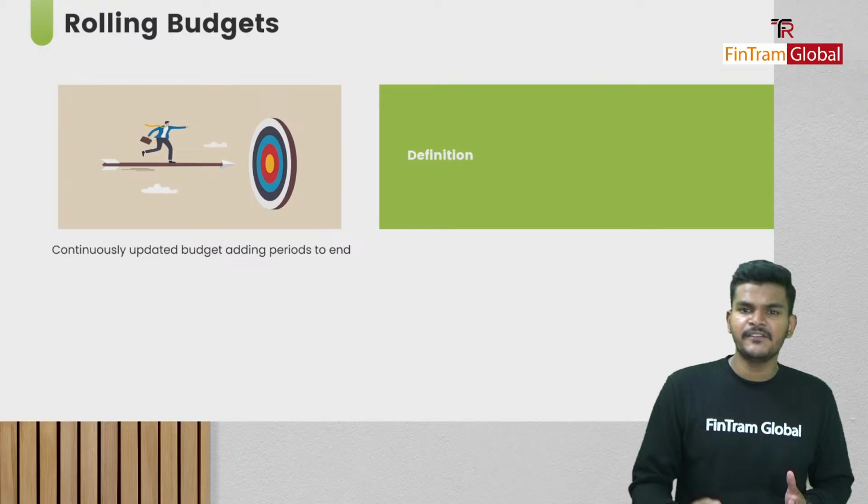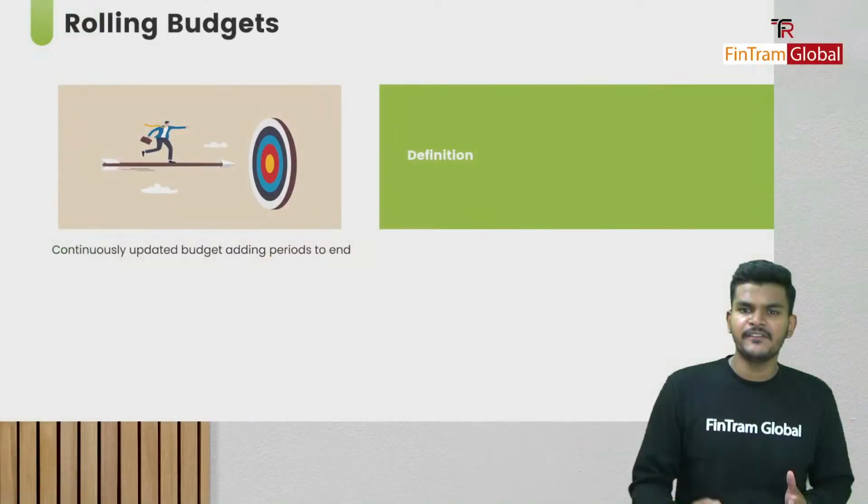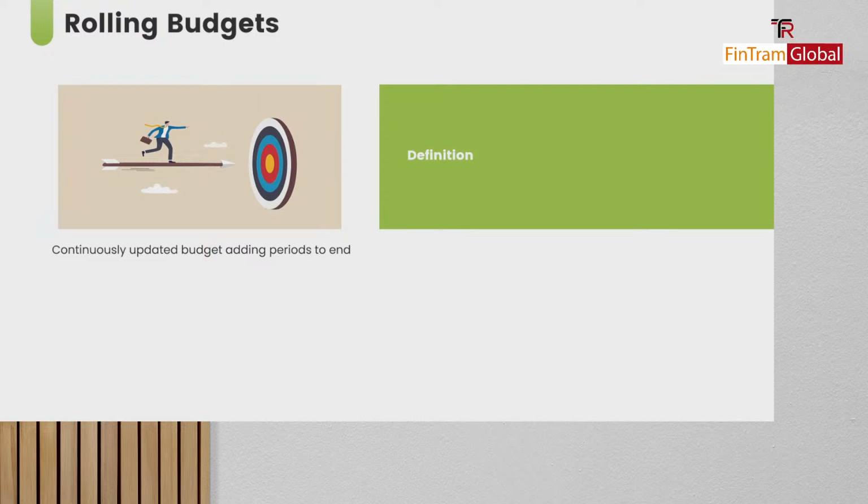So what I'm going to do is, I would be carrying forward these actual results. I would be revising my budget for the next 12-month period. Okay, folks. Once one particular month is over, and once I have the actual results, I would be carrying forward the actual results. So that's basically as to what rolling budgets are all about.